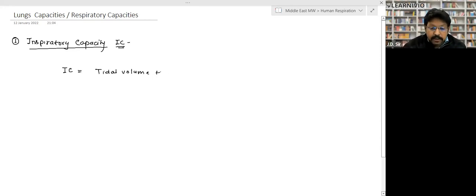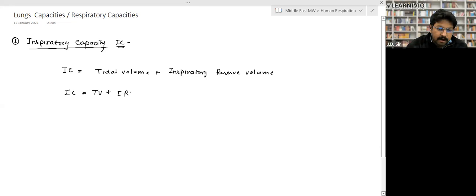So inspiratory capacity IC will be equal to TV plus IRV. That will be the formula for inspiratory capacity.